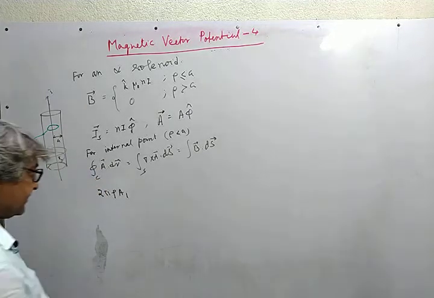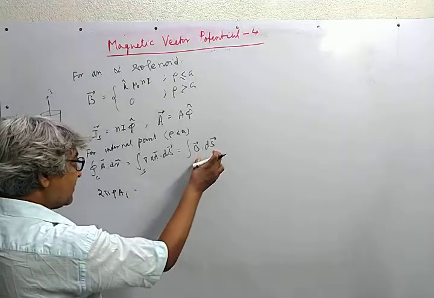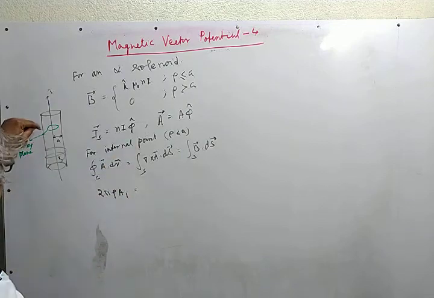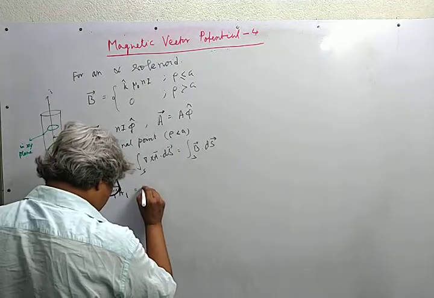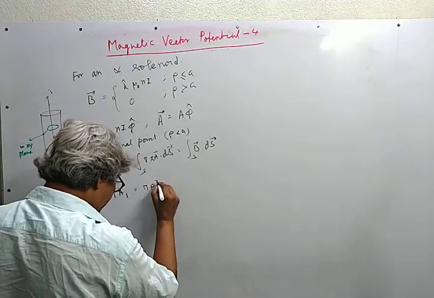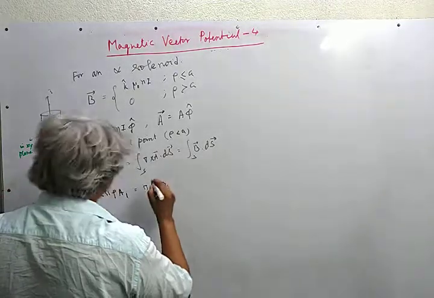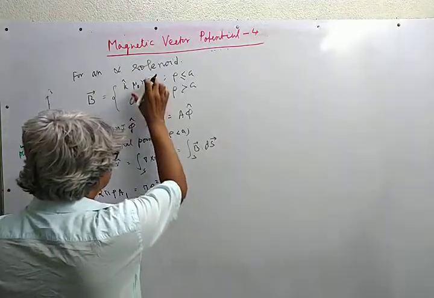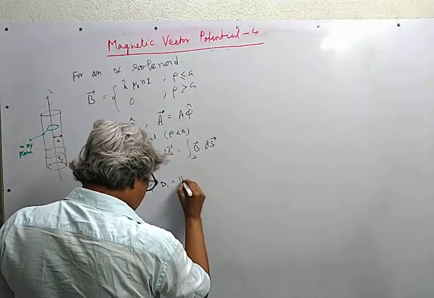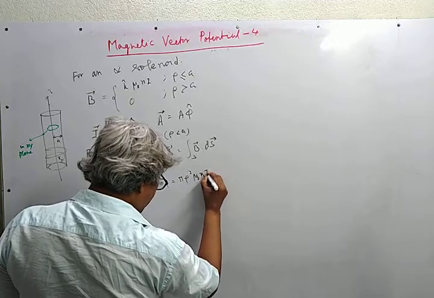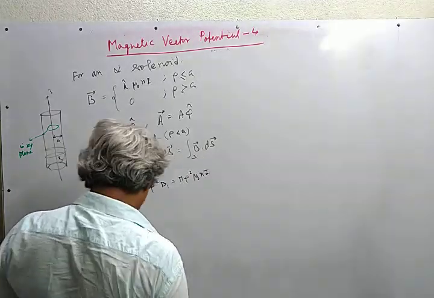On the right hand side, the surface integration yields pi rho square times B1, since B is uniform, and B1 is of magnitude mu 0 n I, where n is the number of turns per unit length.